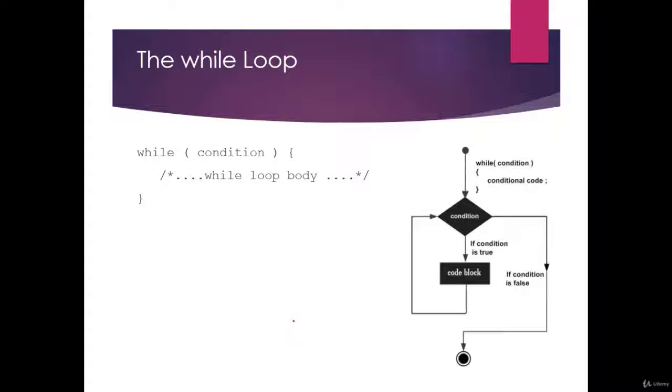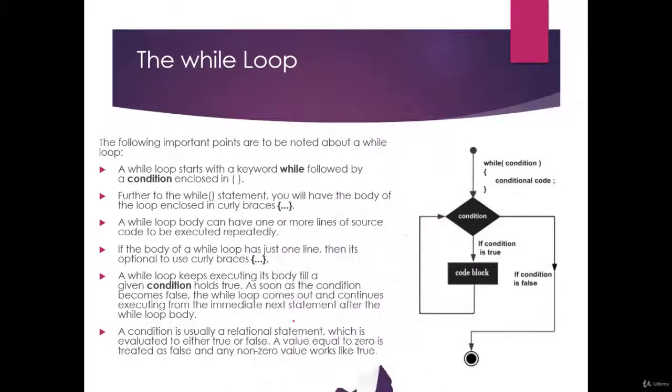part. The C programming language provides another form of loop called do while that we will see later, but before going on it's important to note some points. A while loop always starts with the keyword while, in almost all programming languages, followed by a condition enclosed in parentheses.